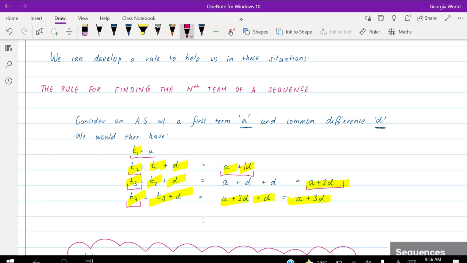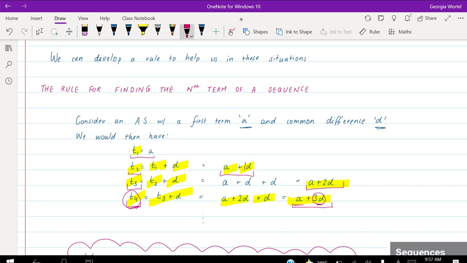Our fourth term ended up being A plus 3 lots of the common difference. So we're seeing a bit of a pattern form here. If we're finding, say, our fourth term, we're taking the original one and we're adding 3 lots of whatever the common difference is. And the number of common differences we add is always working out to be one less than whatever term we're on.